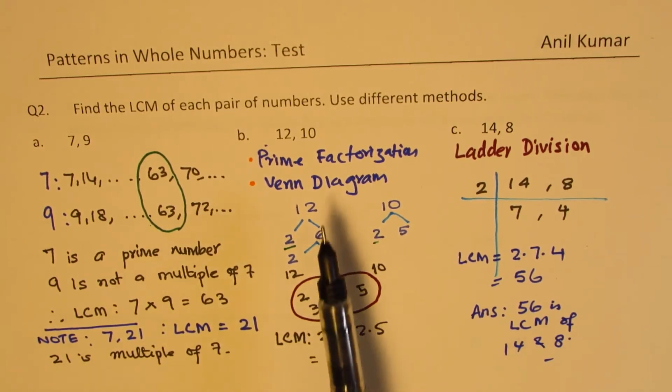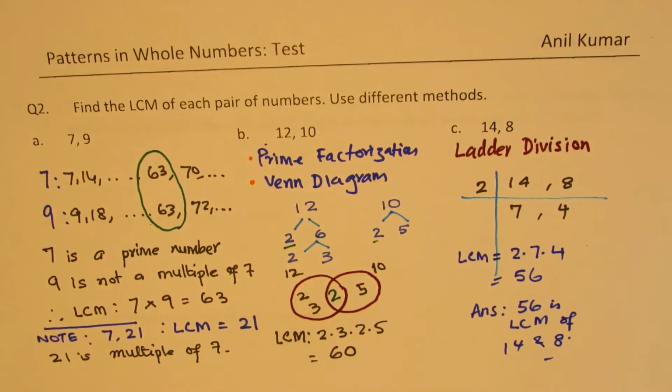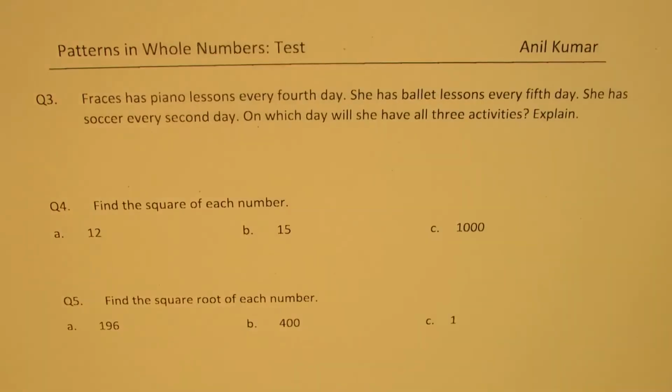Then you learned the technique of prime factorization combined with Venn diagrams to find LCM. Here you can also write down the greatest common factor, which was 2, common to both. And then we learned ladder division, which is an excellent method, especially when you have many big numbers. I hope that helps.